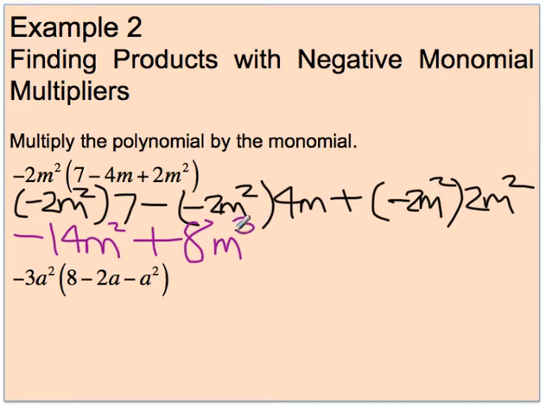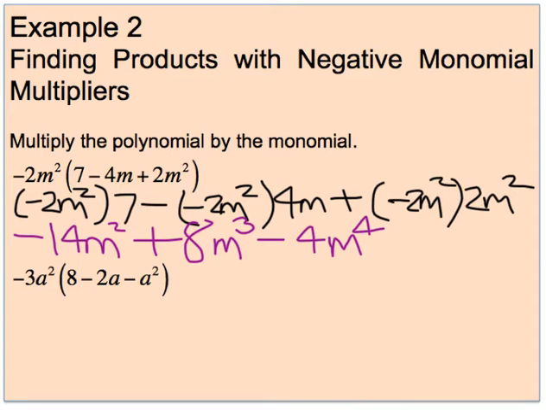Then in the back we have positive times a negative times a positive, so negative 2 times 2 is going to give us negative 4. And as we learned last time, we have m squared times m squared. Same base, different exponents, so we add the exponents together, so we have m to the 4th power. So the final answer to that first question is negative 14m squared plus 8m to the 3rd minus 4m to the 4th.